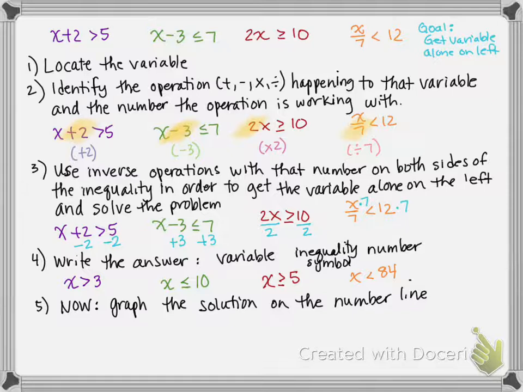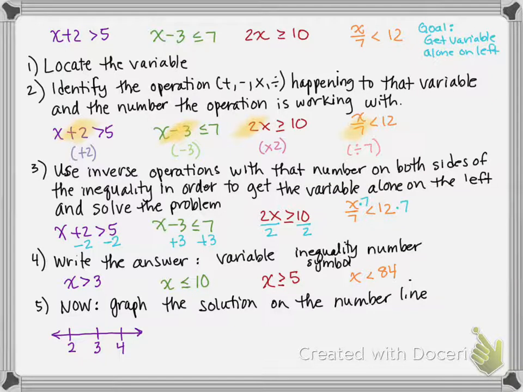Okay, so let's graph the first one. Now I only need 3 numbers. The number that's part of the answer goes in the middle, then whatever is smaller goes in front of it, and then the bigger number goes right after it.